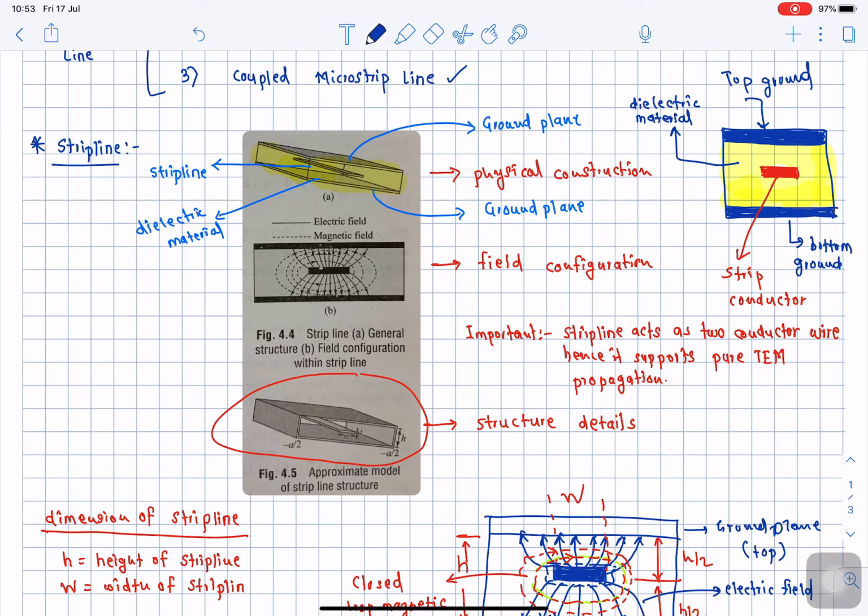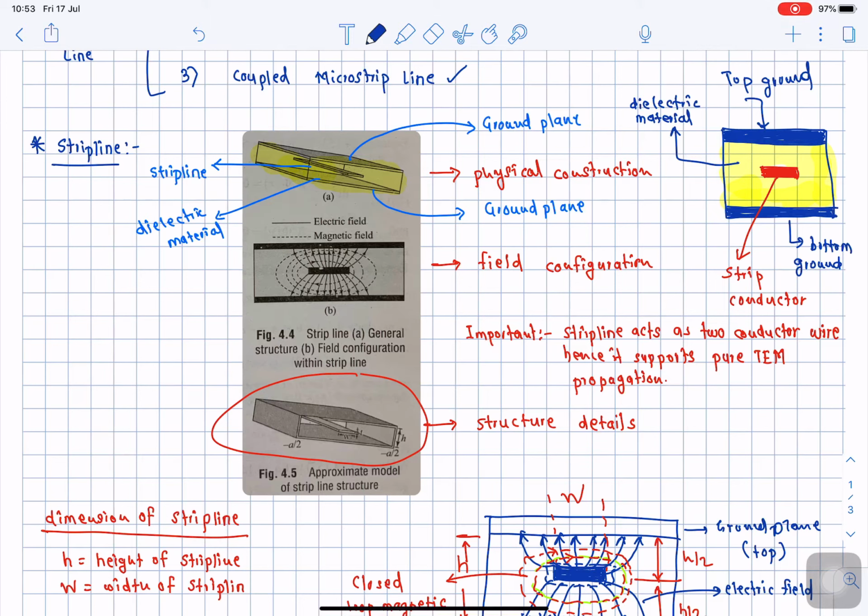You can clearly distinguish between the construction of the microstrip transmission line and the strip line. You can visualize that the construction of the microstrip transmission line is very simple compared to the construction of the strip line. I will choose a red color. Here at the bottom, please remember, we have a conductor, and this is mainly acting as a ground plane.